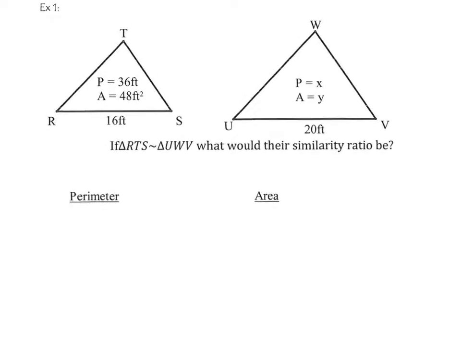And to start us off, it's asking us if RTS is similar to triangle UWV, what would their similarity ratio be? So that's just taking the side lengths, so I've got 16/20, and reducing it down, which gives us 4/5.